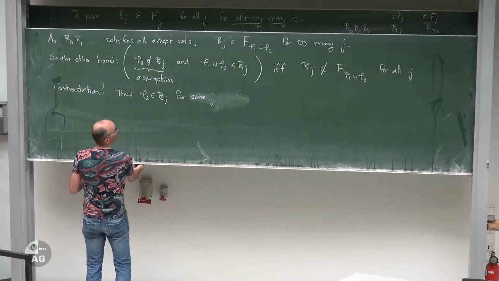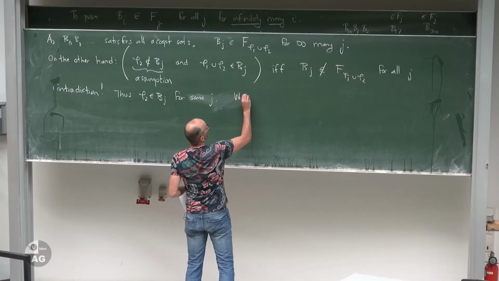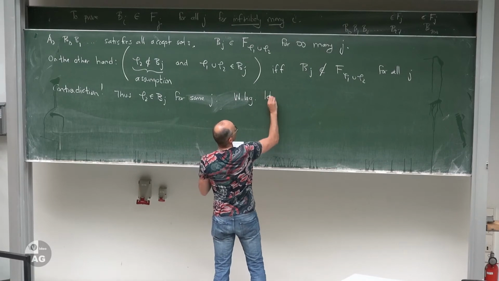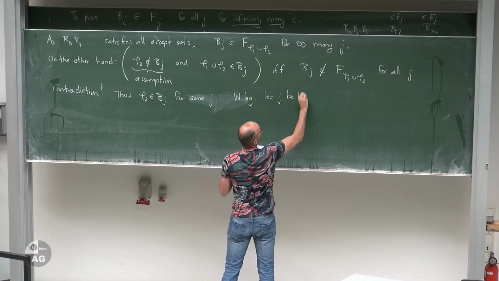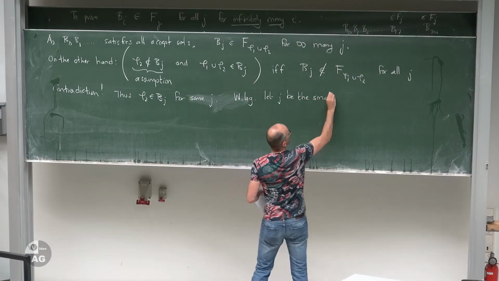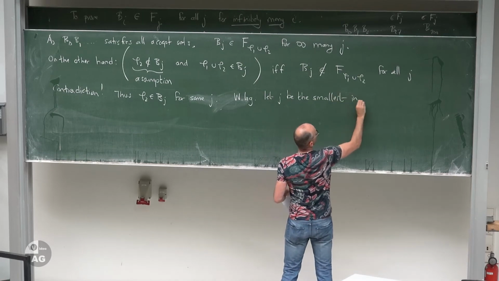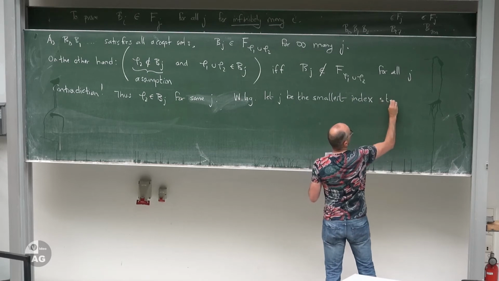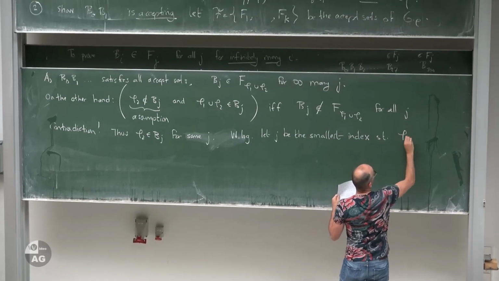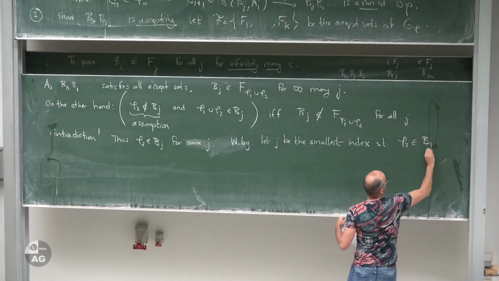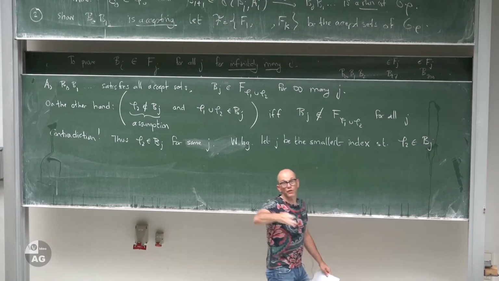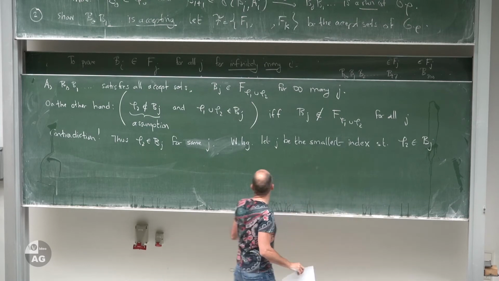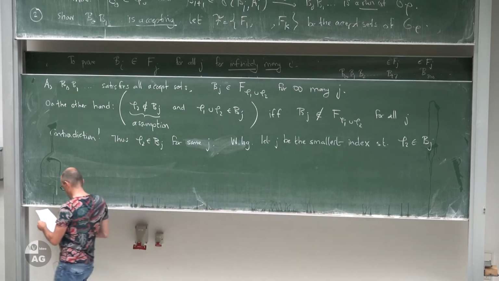Now we have to get to a next argument. Without loss of generality, let j be the smallest index such that phi2 belongs to Bj. So it's starting from 0, the first index where phi2 is included. For all the intermediate ones, it's not included.